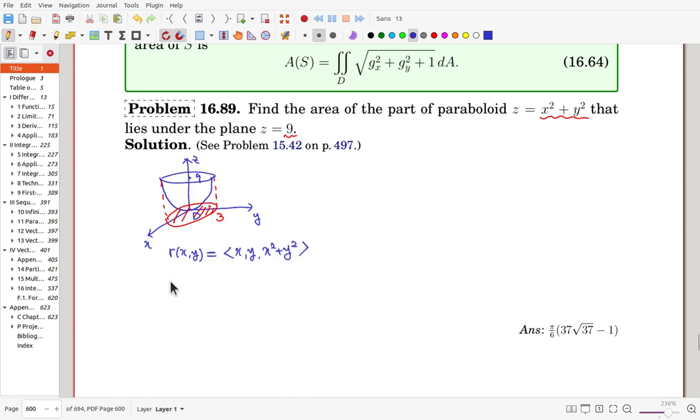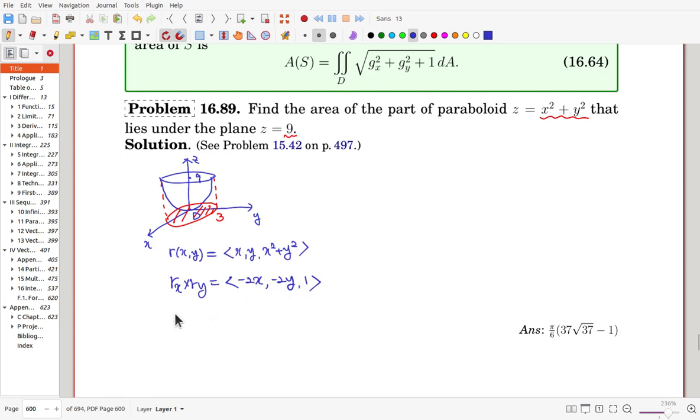Okay, so from here we know that r sub x cross r sub y equals minus g sub x, minus g sub y, and 1, which is minus 2x, minus 2y, and 1, right? We know that.